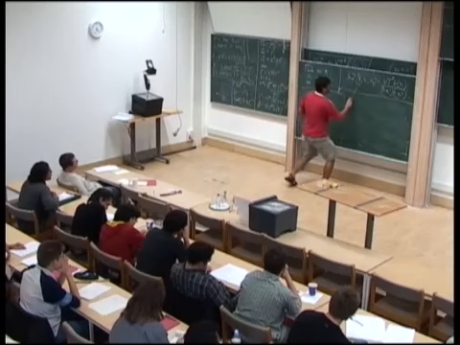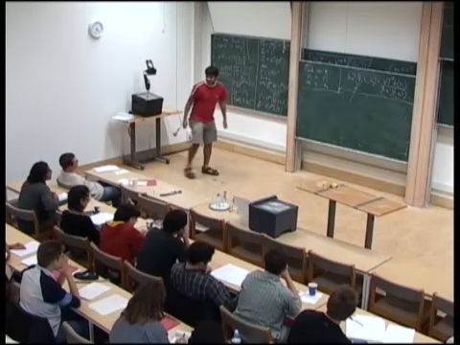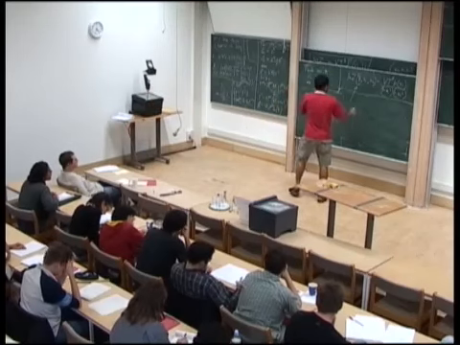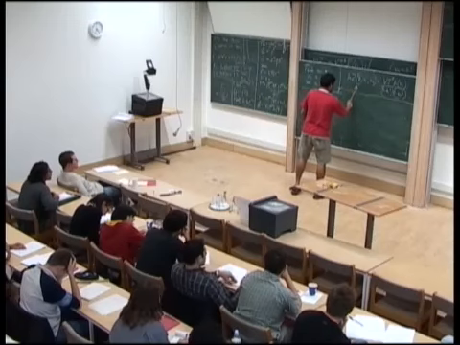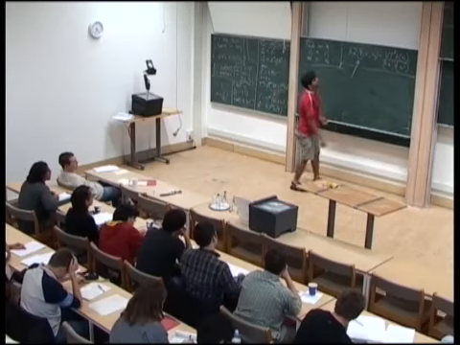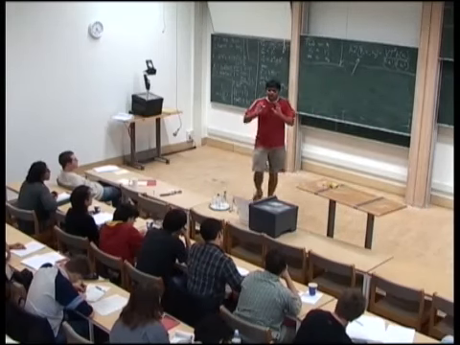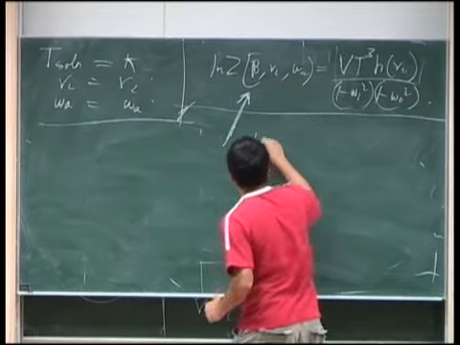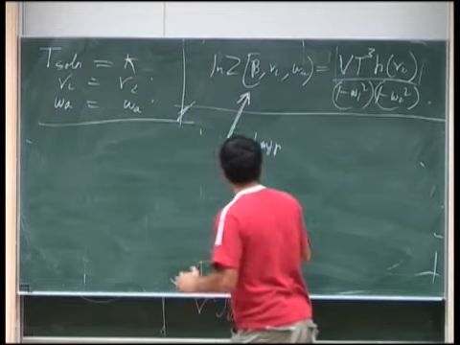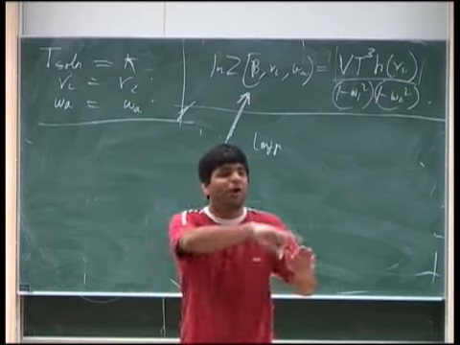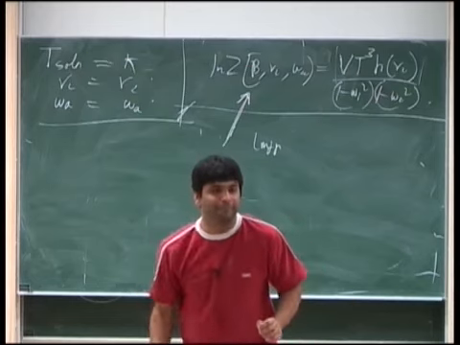Other questions, comments? I should also tell you what the validity regime of this result is. In order to do that, all I have to do is to take this quantity, this LMFP, and make sure that it is much smaller than all length scales of variations in my problem.